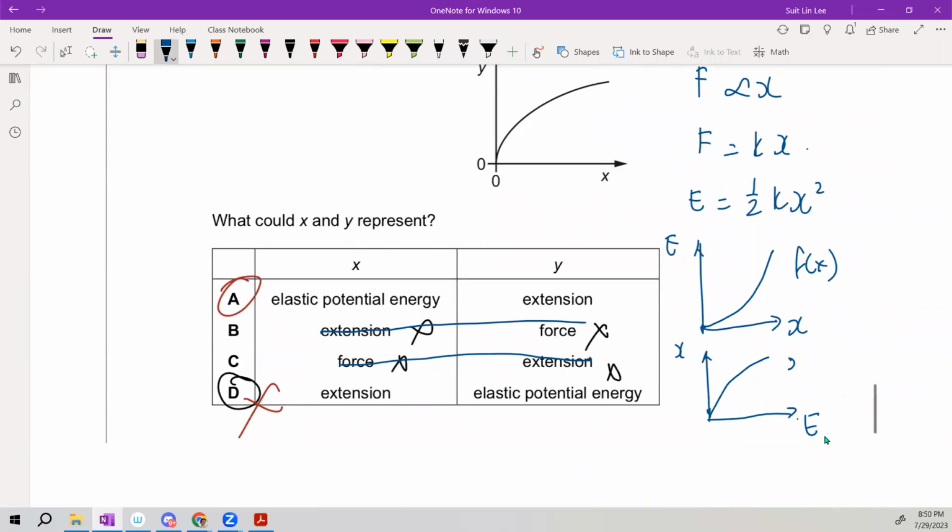Because now you're plotting the graph of x is equal to root of 2E over K. So you're plotting a graph of y equal to root x. So on the vertical axis, it will be extension. And then on the horizontal axis, or the x-axis, it will be elastic potential energy. Okay?